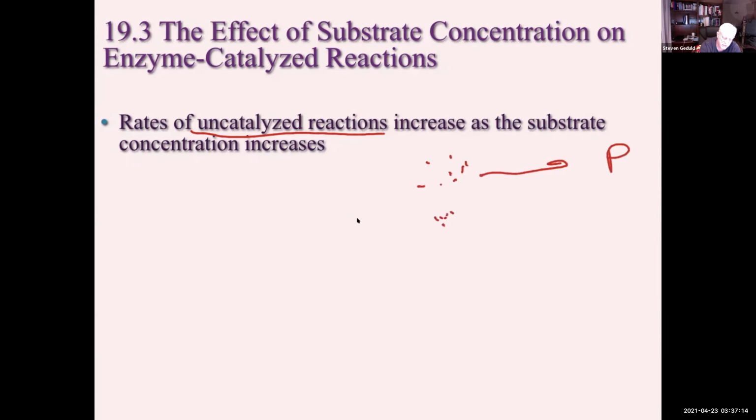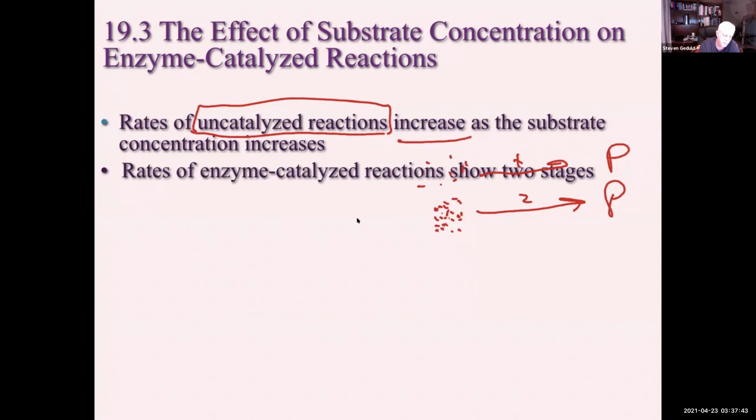If we take this and we increase the amount of it and we get the same product, this second reaction is going to go a whole lot faster because there's more substrate molecules to run into each other to react with one another. The more you have reacting, the faster the reaction is going to go. Okay, this is not catalyzed, so it's an uncatalyzed reaction. So the rate increases as the substrate concentration increases.